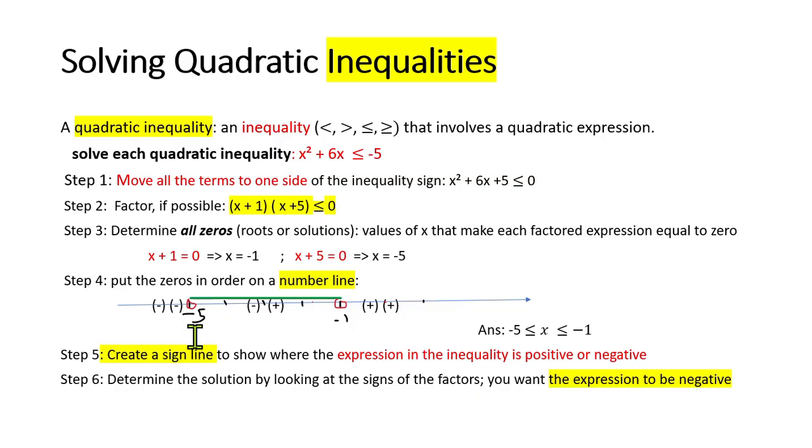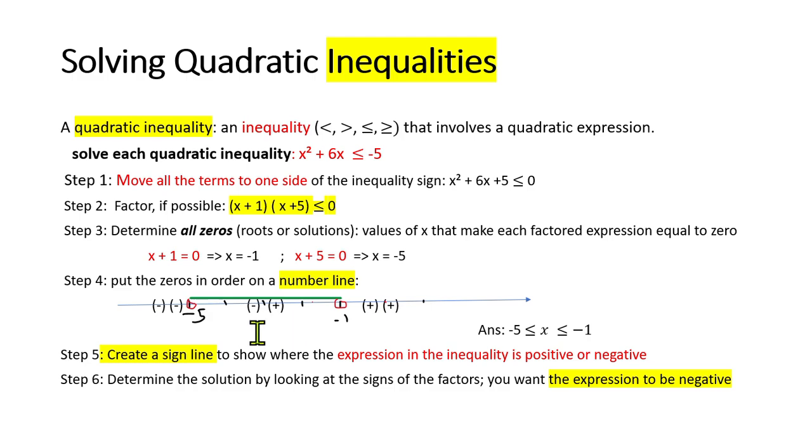When the number of minus signs is even, that makes positive, right? But here there is only one in this interval. So we create the sign line like this.